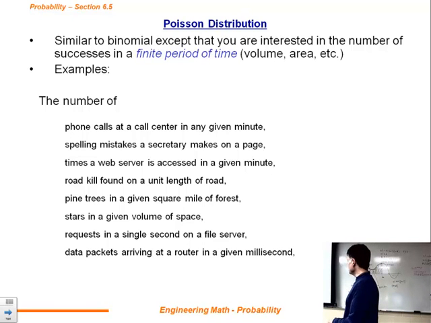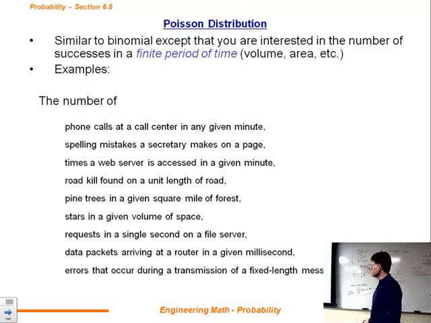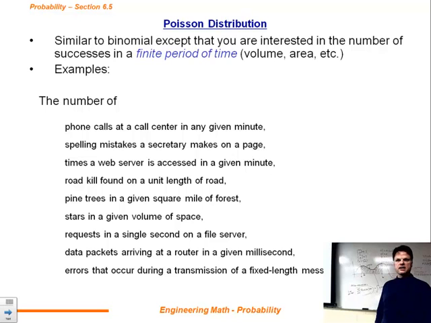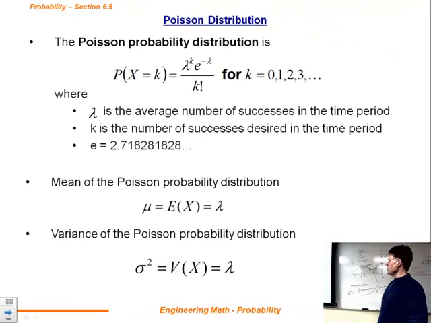Data packets arriving at a router in a given millisecond. In this case, we're always counting the number of data packets arriving at a router in a given millisecond. Errors that occur during the transmission of a fixed length message, where an error could occur anywhere. These are all Poisson distributed.